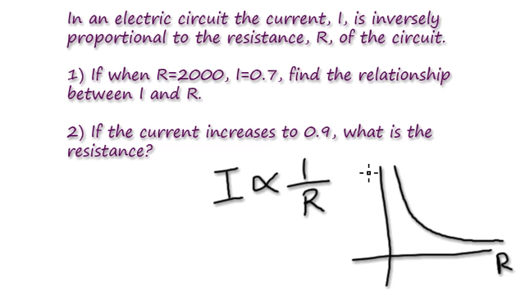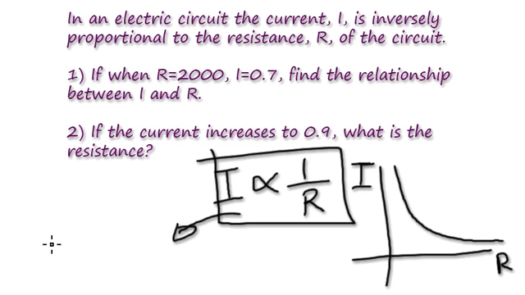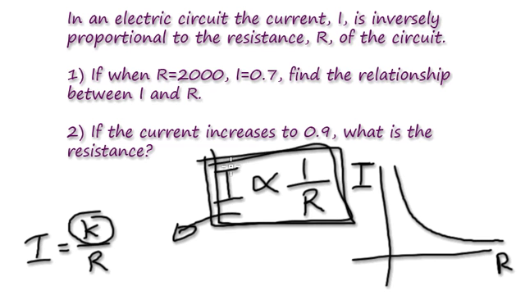Here is your R, here is your I, capital I. Whenever you have this kind of relationship, you can also visualize I equals a certain constant over R. And our job is to find out this k, because you get a whole family of these reciprocal graphs, and only by finding the value of k can you find the one particular line that represents our situation. So basically we need to find our value of k.